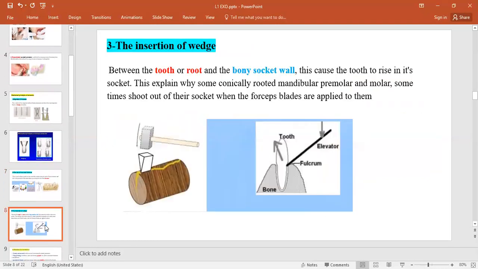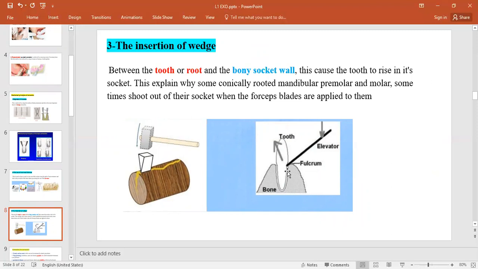Insertion of wedge: as you see the wedge here, we use it between the tooth or the root and the bony socket. As you see here, we can use a couple of inches for this technique, and we create a point of application in the alveolar bone, and we can take the tooth out.